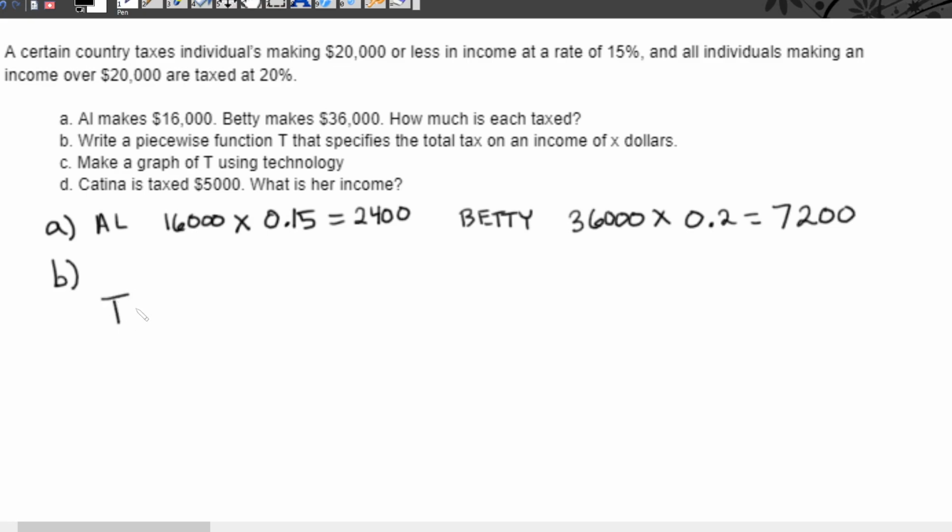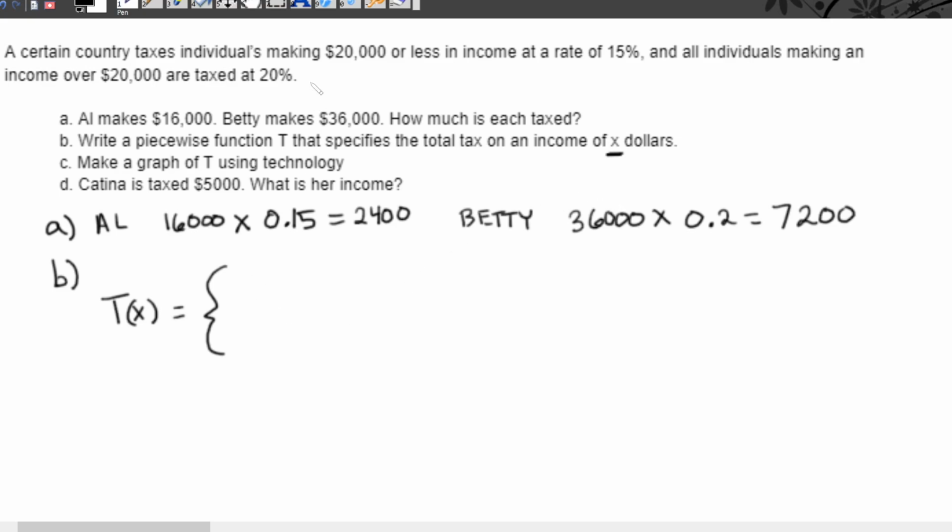So we're going to write a function T of X, as opposed to the usual F of X. All right, we know our piecewise function is going to have two pieces because the first piece is for people making less than 20,000 and the second piece is for people making over 20,000. So X is a person's income.